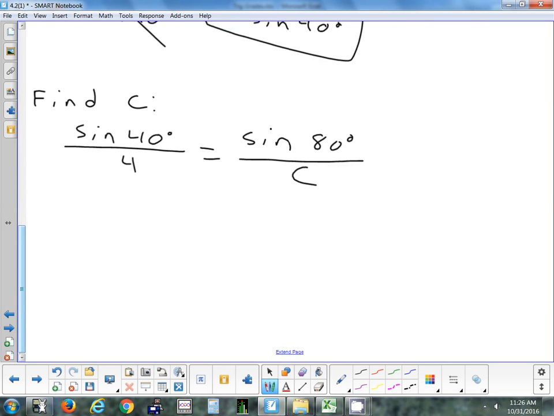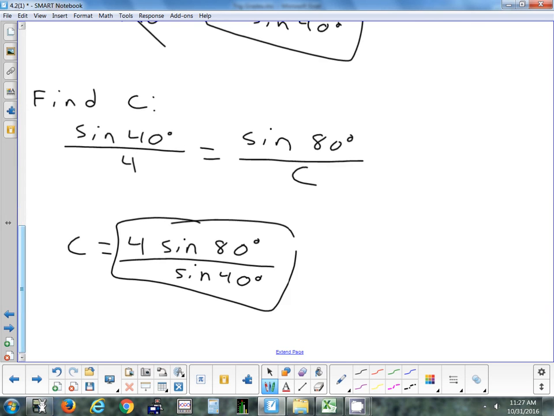Okay, and after you've done a lot of these problems, the cross multiplying, you can almost start to do it in your head. So I'm just going to show you how that works now. You're going to have to do 4 times the sine of 80 and then divide by the sine of 40. If you want to show out the cross multiplying every time, you can.